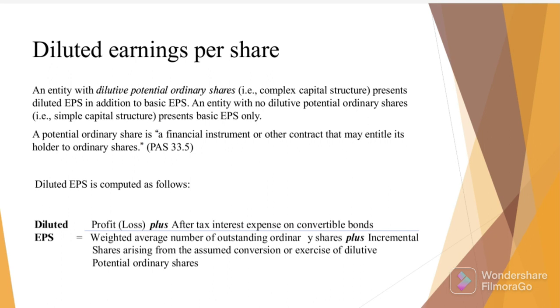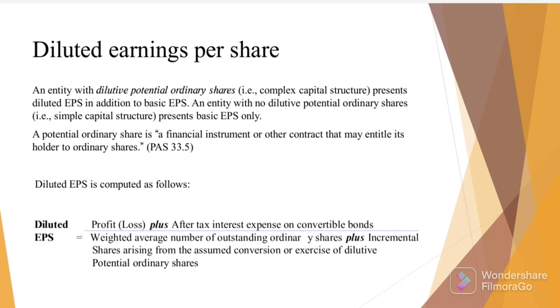And please note na yung computation ng diluted earnings per share is binabase sa assumption na ang dilutive potential ordinary shares were converted or exercised. Like as if the convertible preference shares or convertible bonds have been converted, or as if the options or warrants have been exercised already.